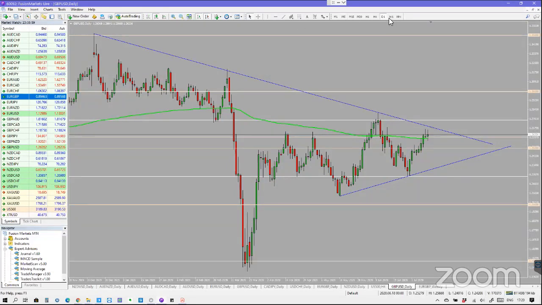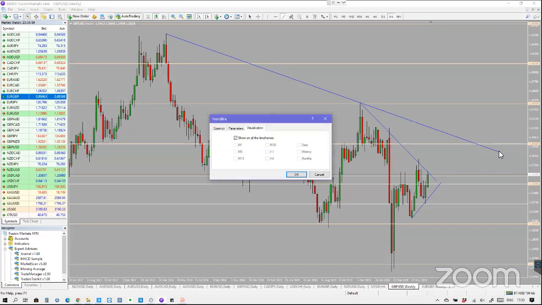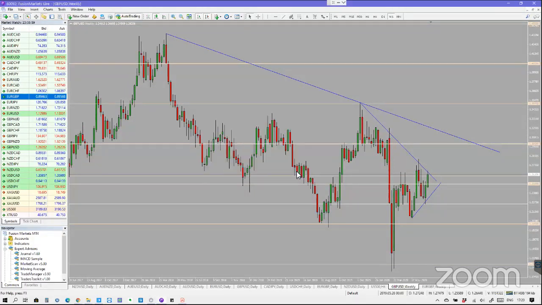Now, I think if we actually go back here to the weekly chart, there's a much longer-term trend line that runs through here, which intersects with the 130 level. So I think in the medium term, pound could actually stretch all the way up to 130.